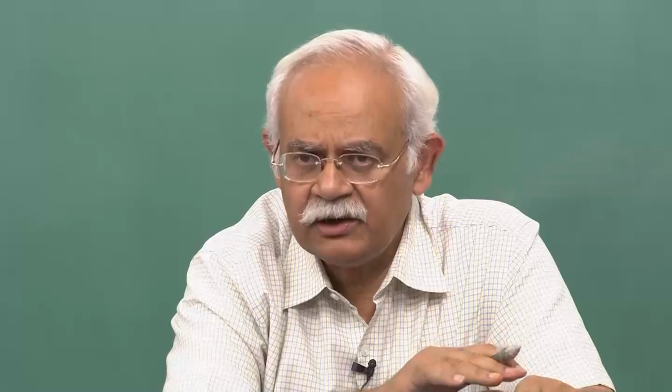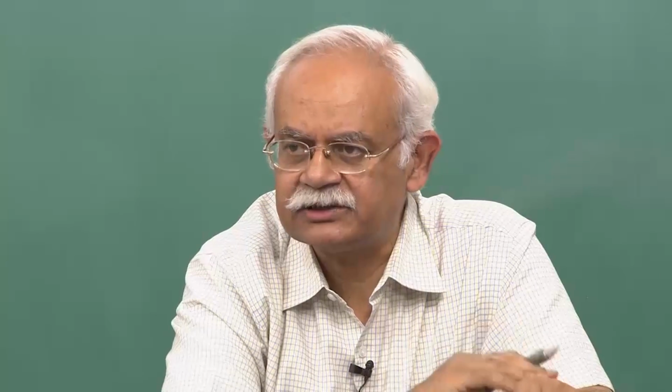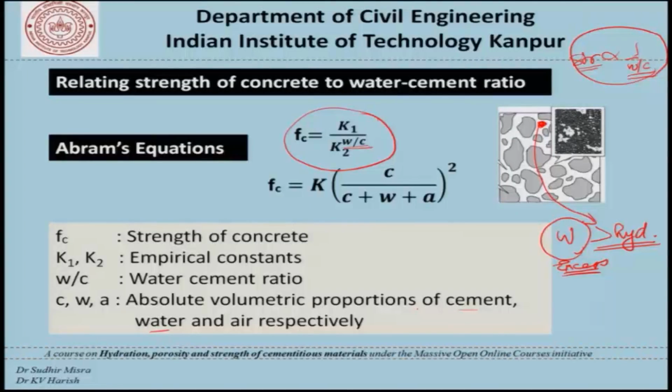So, that common knowledge is what is represented in this form. Please understand that in this equation, of course, it is volumetric proportions of cement, water and air respectively. As far as practice is concerned, most of the time when we talk in terms of water cement ratio, we are talking about the ratio by mass and not by volume.